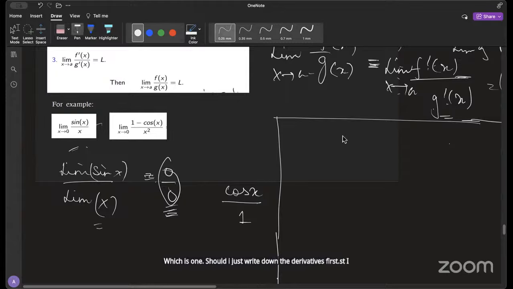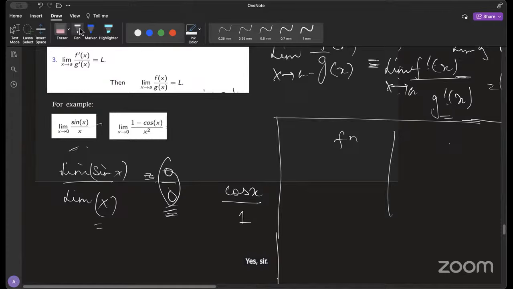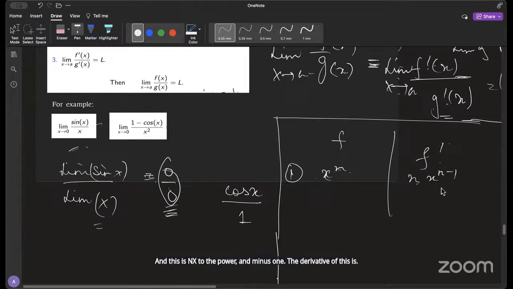Yes, ma'am. I'll just write down the functions and their derivatives first. Let's start with this one. If you have x to the power n, the derivative of this is n x to the power n minus 1. The second one is sine ax.